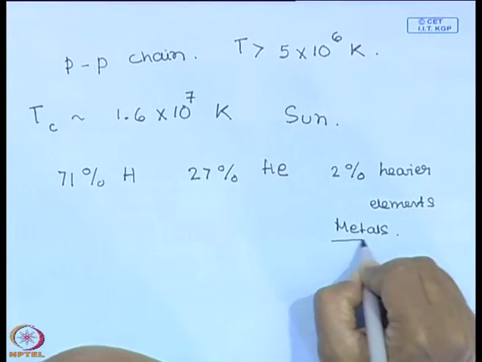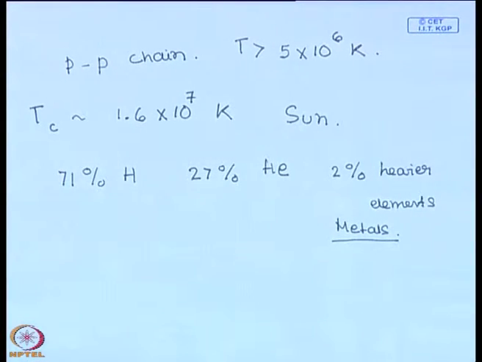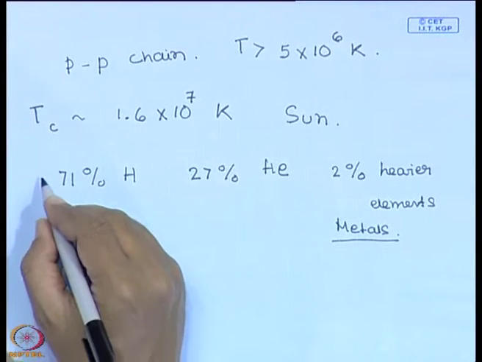So, anything heavier than hydrogen and helium we refer to as metals, and this is the standard solar abundance.